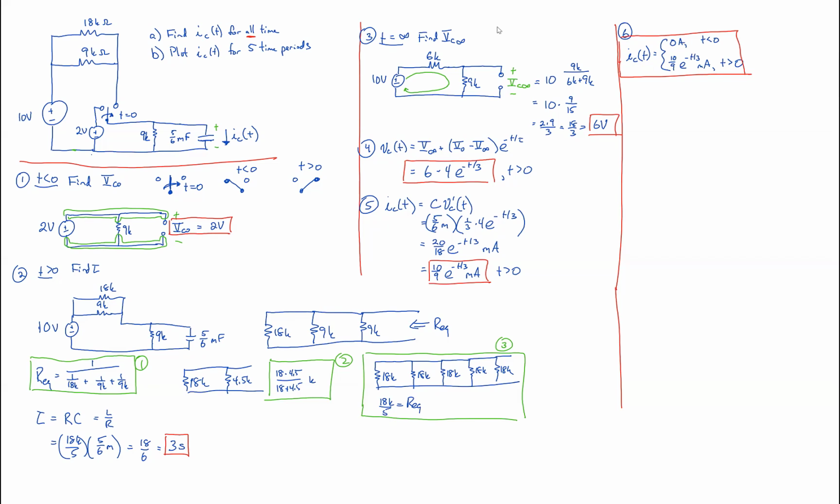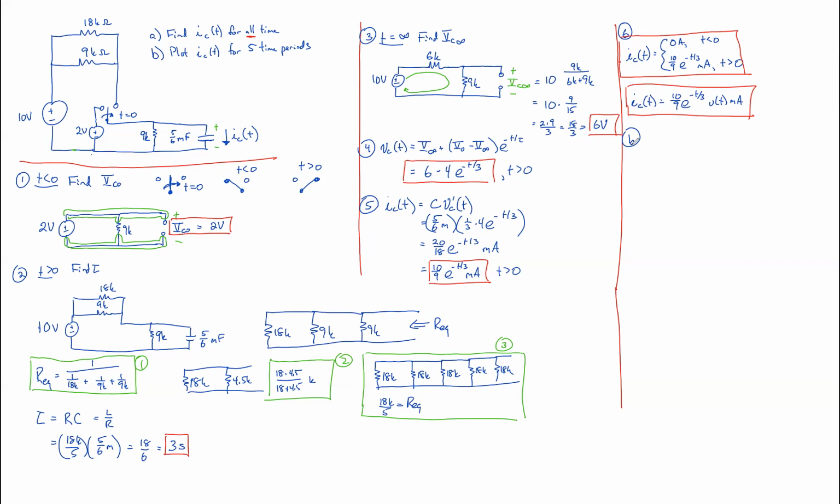If you want to get extra cool points, you could say it's equal to 10 over 9 e to the minus t over 3 times u of t milliamps. And now in one equation, you've gotten everything. Since for time less than 0, you're multiplying this by 0, so you get your 0. That's more advanced. If you didn't get that, doesn't matter. 100% either way, that's our answer for part A.